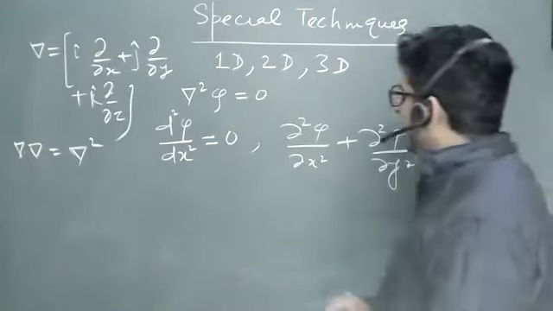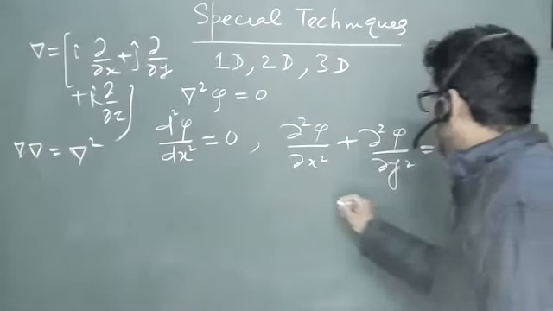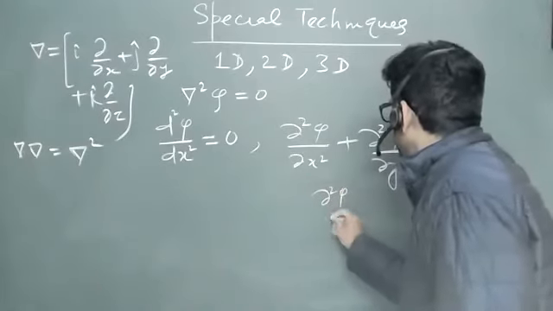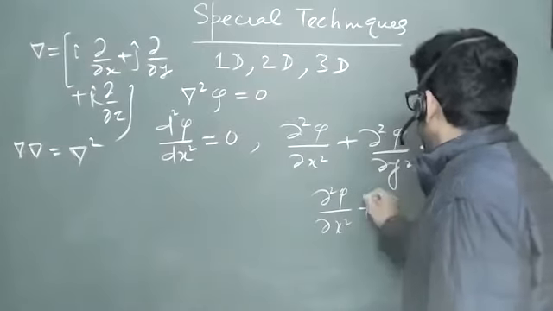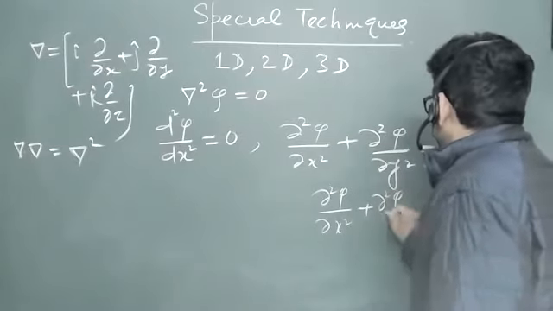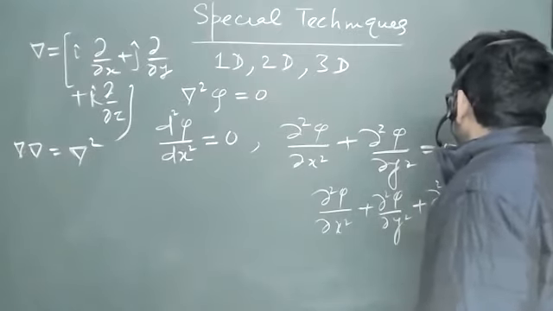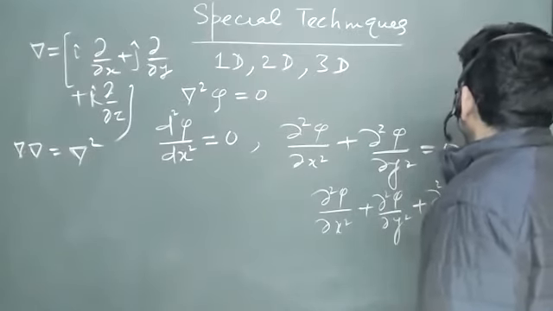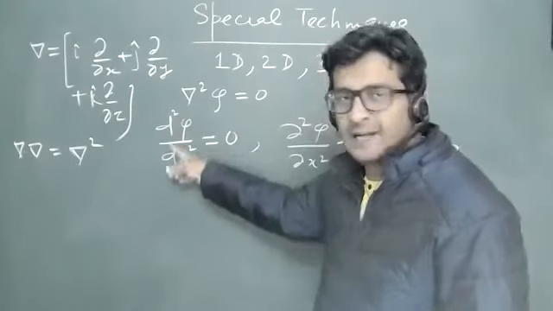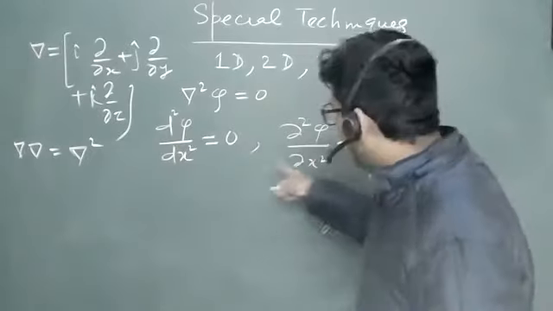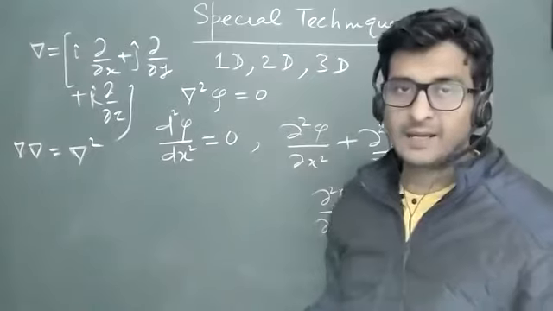तो अगर मैं 1D प्रॉब्लम लूं तो ऐसा दिखेगा इक्वेशन, अगर मैं 2D प्रॉब्लम लूं तो ऐसी दिखेगी इक्वेशन, और अगर मैं 3D प्रॉब्लम लूं तो it will become like this, del 2 phi by del x2 plus del 2 phi by del y2 plus del 2 phi by del z2 is equal to 0. अब आप देख रहे हो यहां पे मैं d लिख रहा हूं, लेकिन यहां पे del लिख रहा हूं. मैंने आपको ऑर्डिनरी डिफरेंशियल इक्वेशन पढ़ाया.